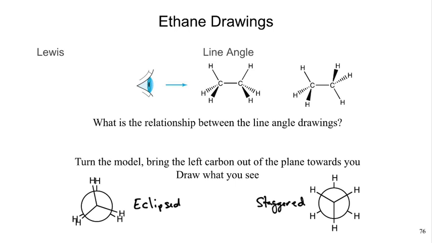Are we starting eclipsed or staggered? That's eclipsed. Is there more energy? That's going to push each other away. Are these farther away? No. Okay, so they're eclipsed. Is this high energy or low energy? High, because they want to push each other away. Okay, it's high energy because they're like, get me out of here.